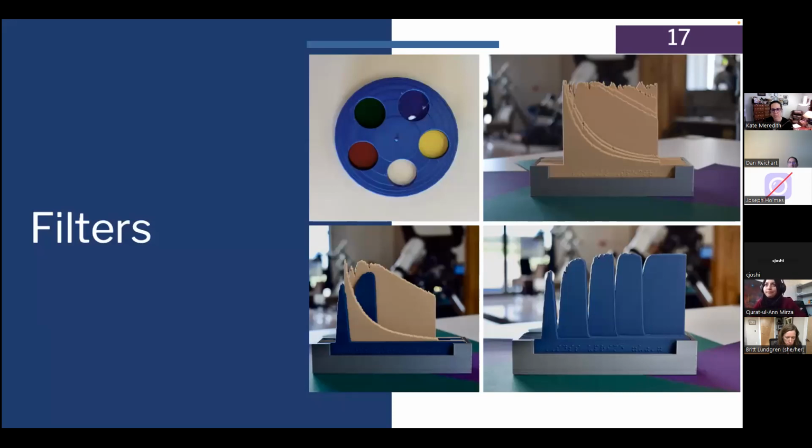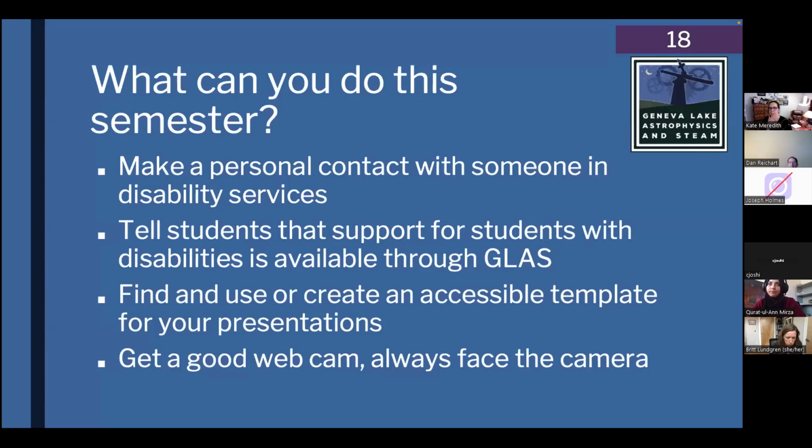So that's some of the things that gives you an example of the kinds of things that we're trying to think about as we go through adapting the curriculum. So what can you do this semester? The first thing I would really beg you all to do is walk over to your disability services department and talk to them.